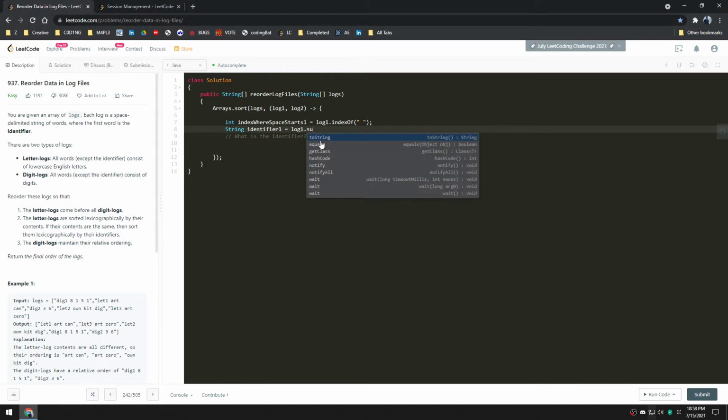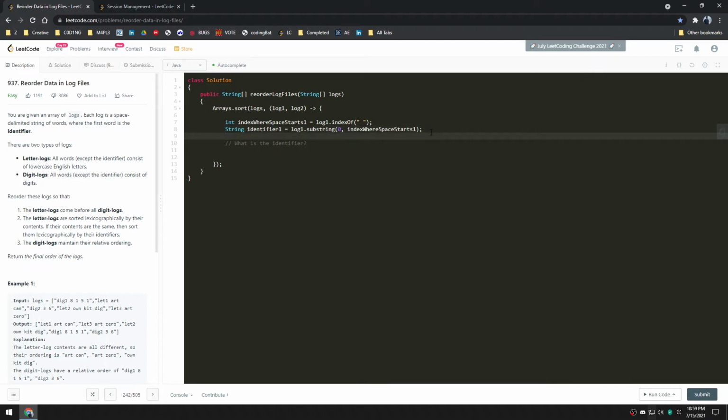Our identifier is going to be a string, so identifier 1 is the log1 substring from the beginning all the way up to this index, because that's where the first space starts. Then main1 is log1 substring of that index plus 1.